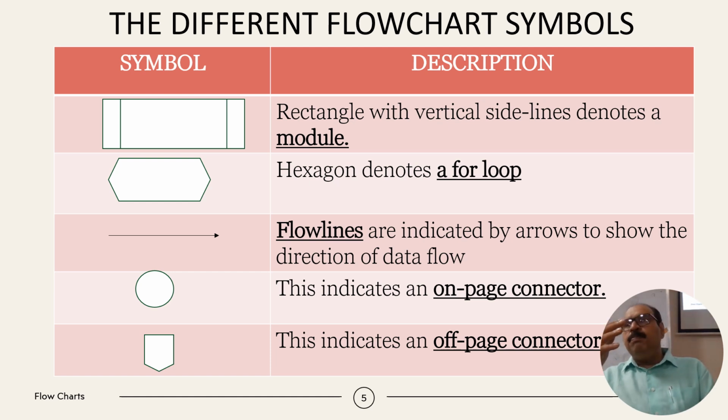When we are writing big programs, or when the algorithm is big, we need it to be split into modules. So a rectangle with vertical sides represents a module. We'll have two side lines in a rectangle when we create a module. While writing different programs, like finding the largest number among a group of numbers, we have come across loops.